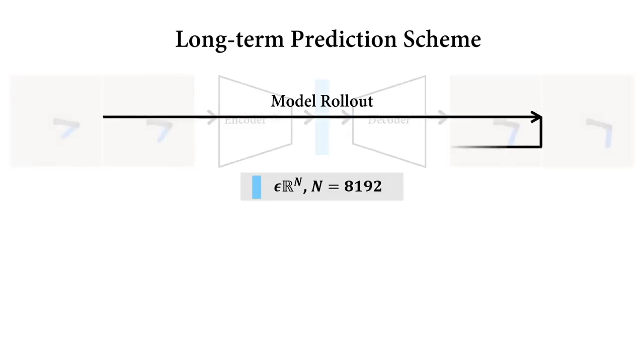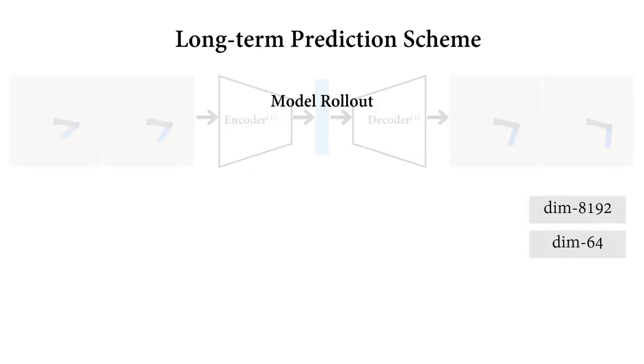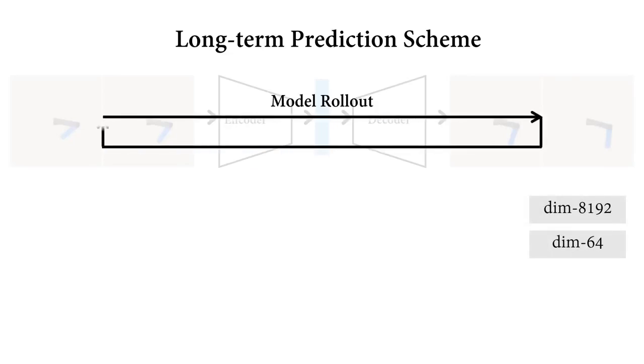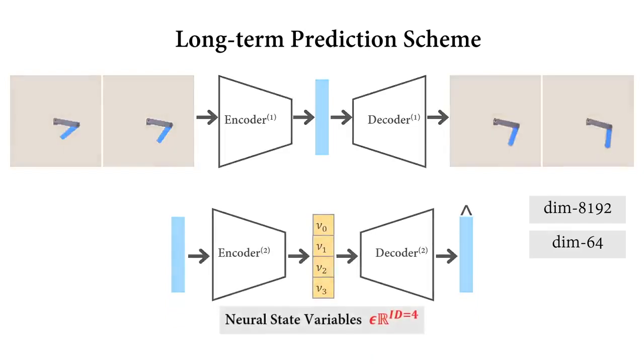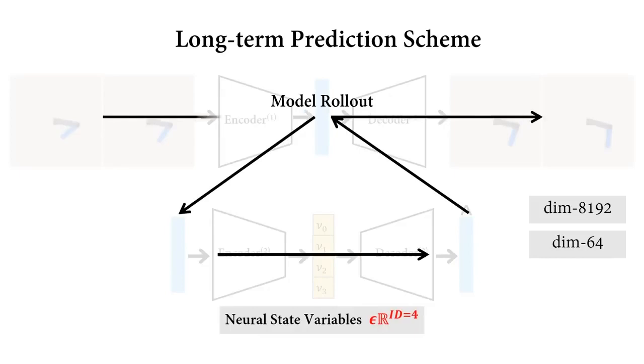We can roll out the model in this space autoregressively as shown here. Of course, we can change the latent dimension to be some other value, for example 64, and follow the same procedure. Similarly, with both autoencoders from our two stages, we can roll out the model in the neural state variable space as shown here, where the neural state variables have the exact dimension as the intrinsic dimension.